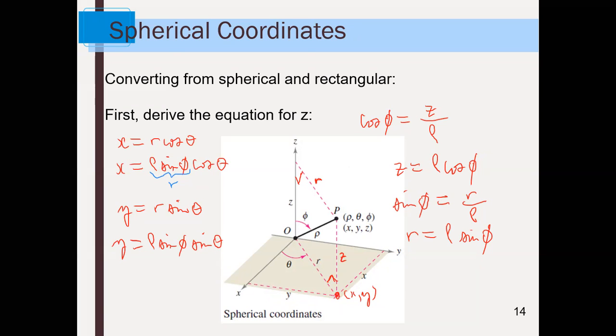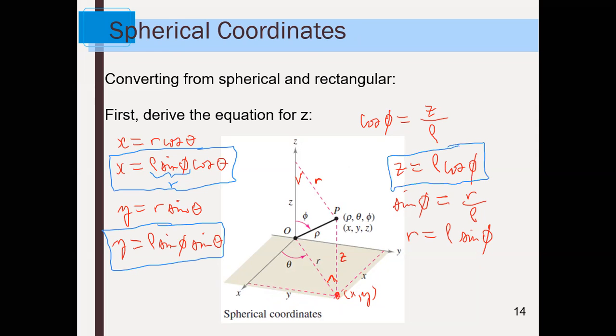So once I have the spherical coordinates, I can immediately convert to X, Y, and Z. And for my own personal edification, R is equal to rho sine phi. I could get at that fairly quickly as well.